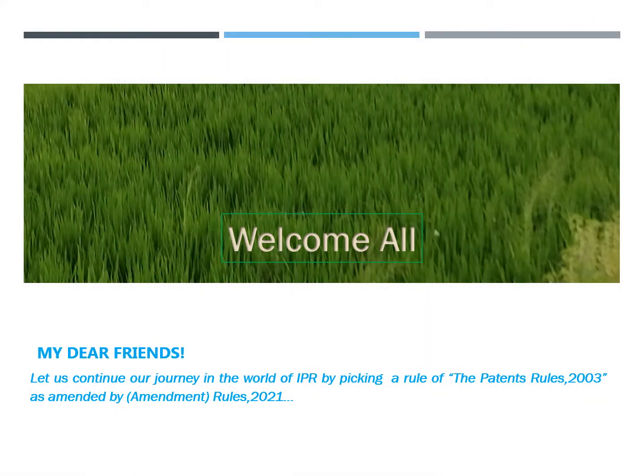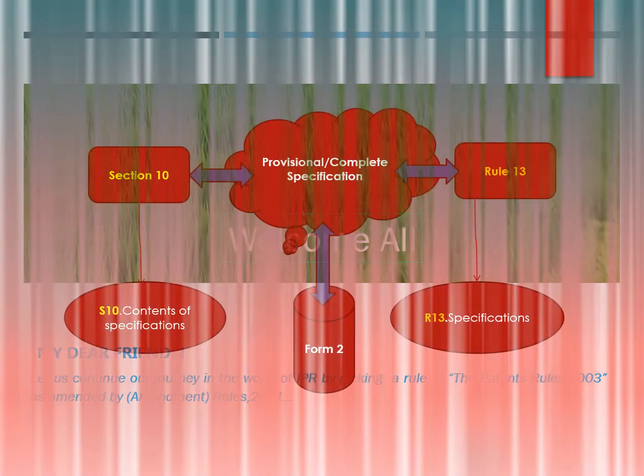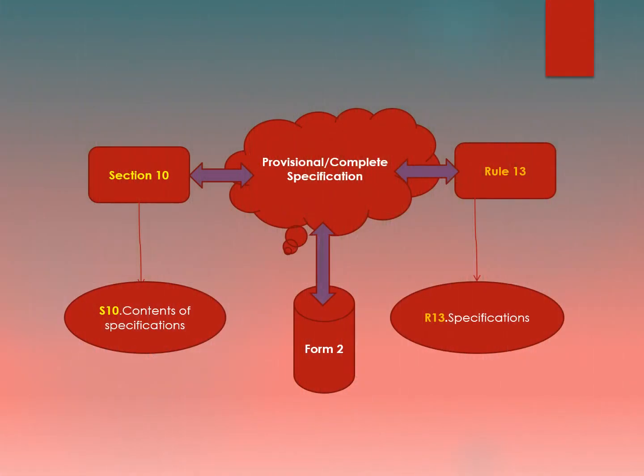Let us continue our journey in the world of IPR by picking a rule of the Patents Rules 2003 as amended by Amendment Rules 2021. Okay, so let us proceed.